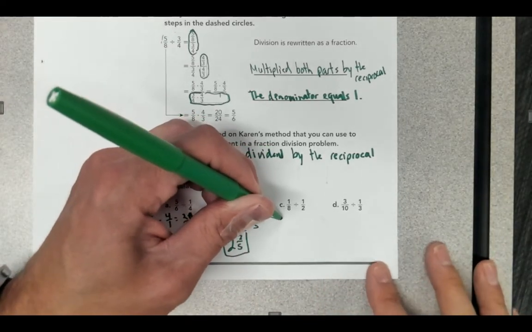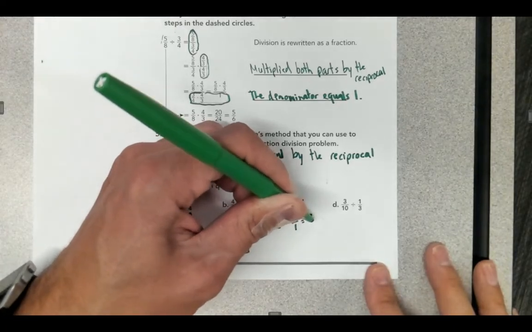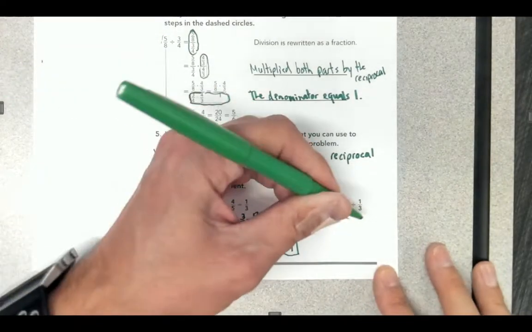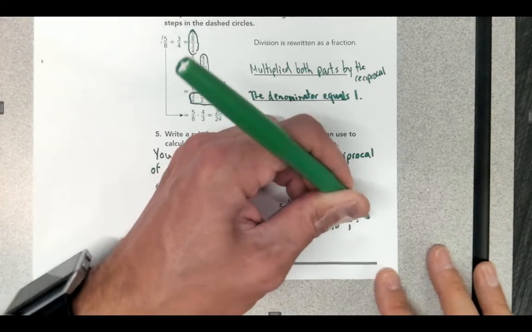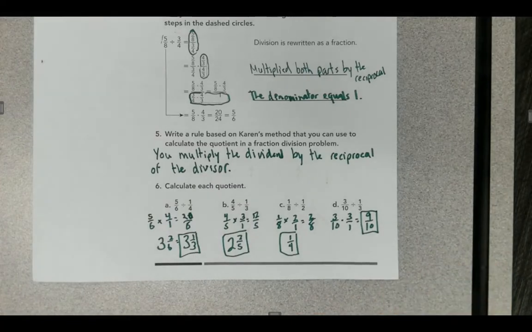This is going to be 1/8 times 2/1, which is going to be 2/8, which is going to equal 1/4 in simplest form. This is 3/10 times 3/1, which is going to be 9/10, and that is in simplest form.